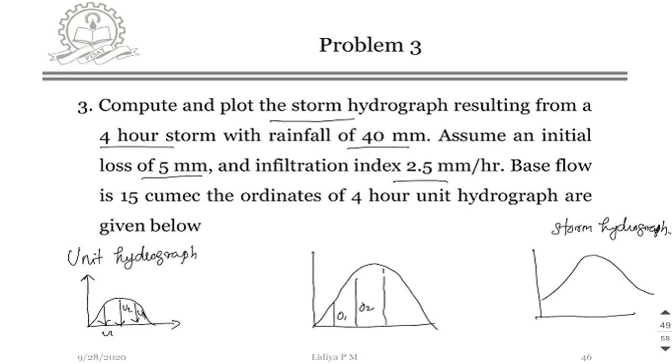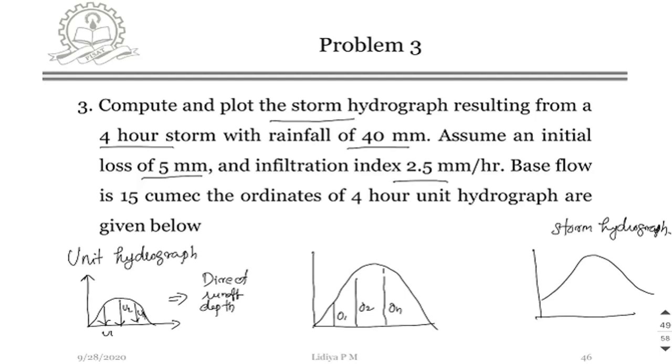Normally, how do we get the unit hydrograph ordinate? We divide these ordinates by the direct runoff depth. So the next step is to calculate the direct runoff depth.